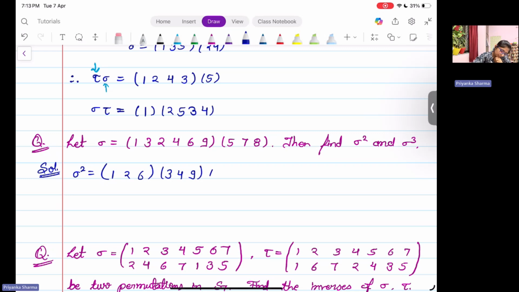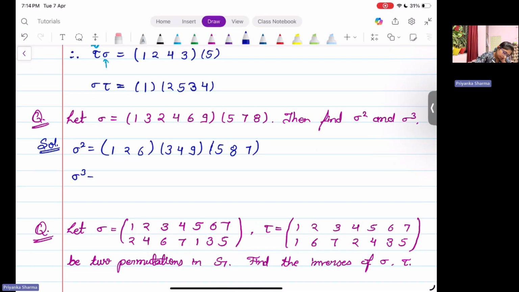What about this? 5 goes to 8, 8 goes to 7, and 7 goes to 5. Yes.